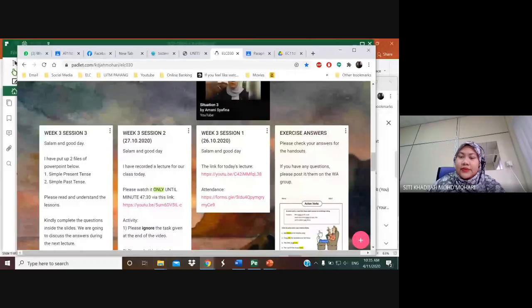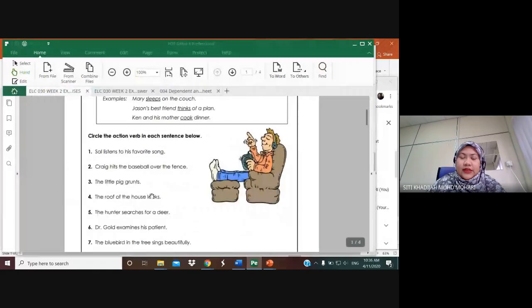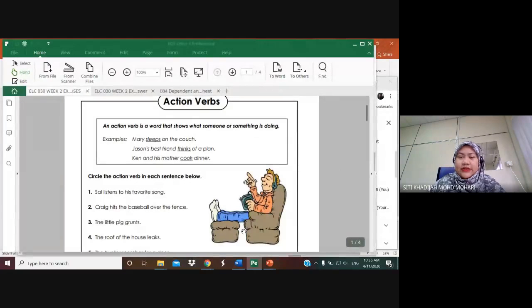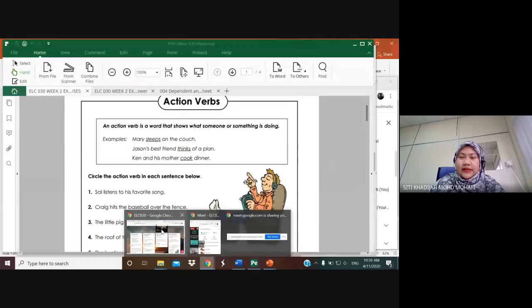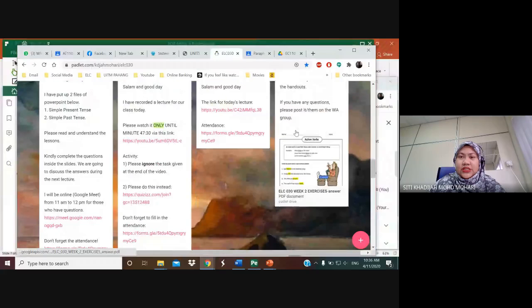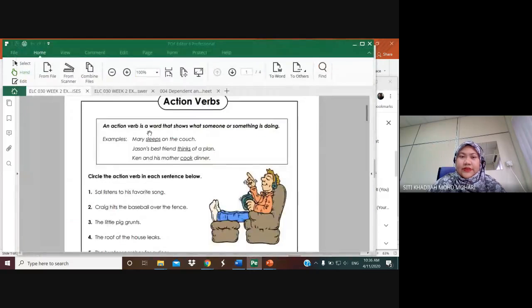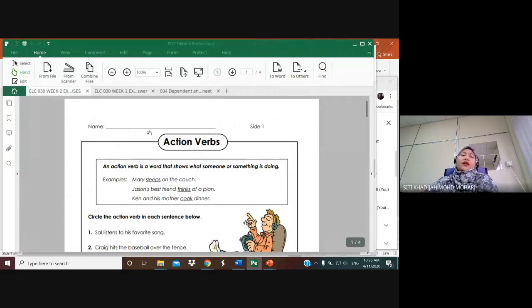Okay, now the first one. As for this one, I think that I saw the answers over here. So hopefully you guys have checked the answers. But although you have checked the answers, never mind, we are going through that once again. So this is action verb.